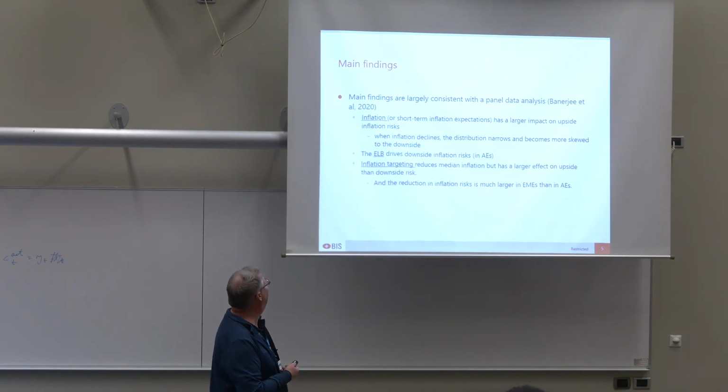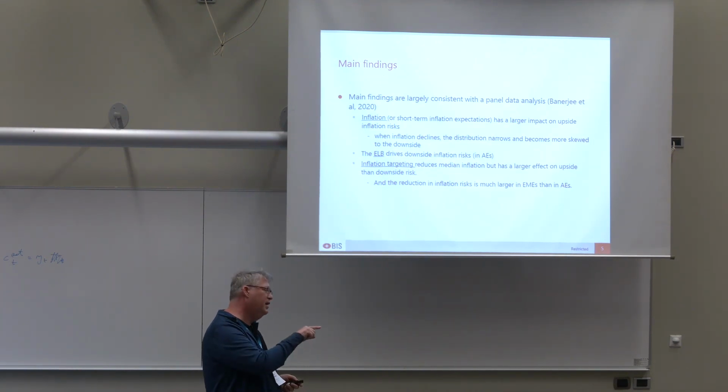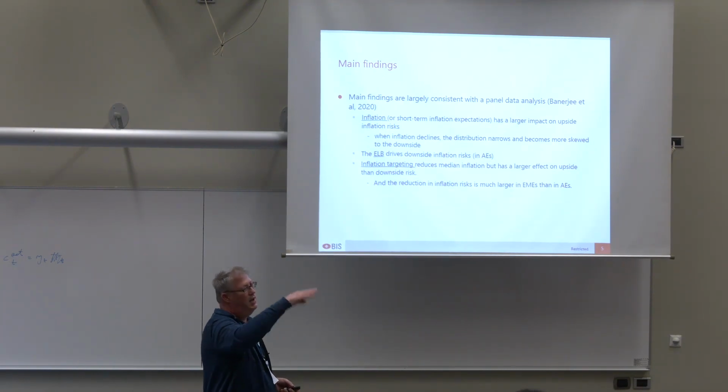So, main finding. Basically, the results of the paper are largely consistent with what we find for a panel of emerging markets. In particular, we find that inflation and also the short-term inflation expectations have a large impact on the upside inflation risk. There is a non-linear relationship of the coefficient on inflation or inflation expectation across quantiles, and this relationship is monotone, so it is very low for downside risk, and then it increases up to the upper quantile.